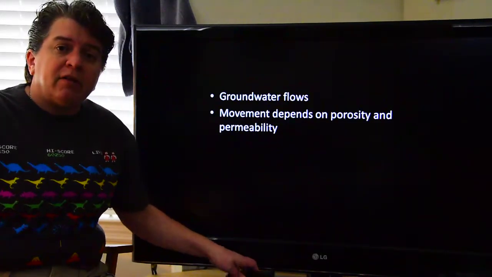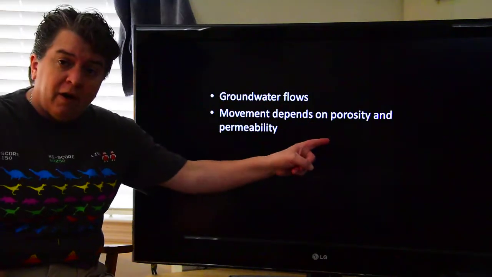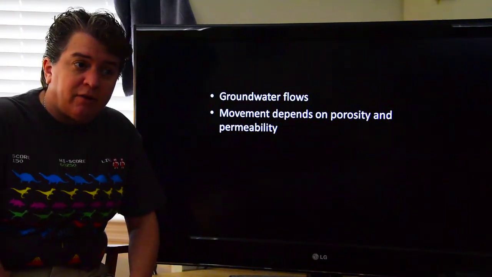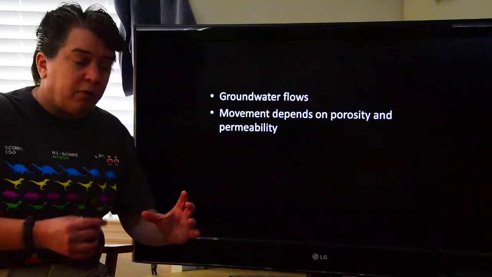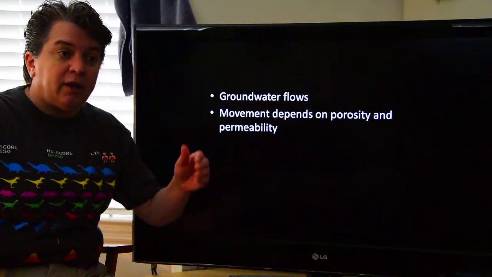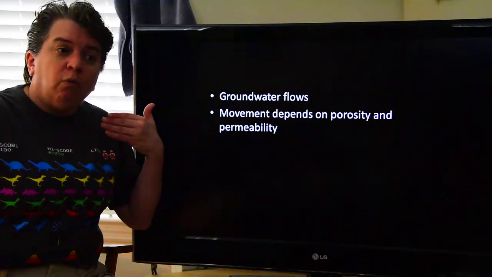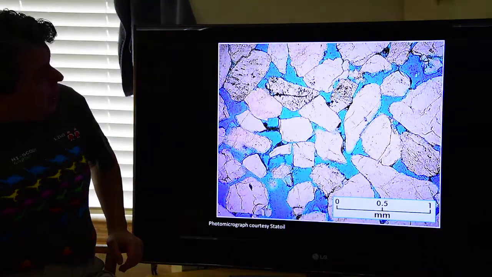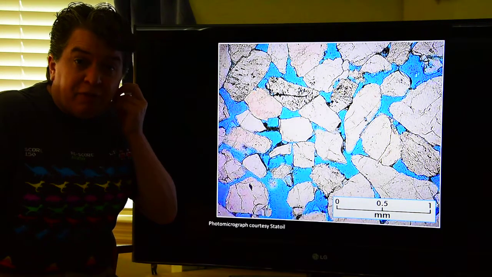And the movement depends on the characteristics of the rock. In fact, two very important characteristics: porosity and permeability. Porosity is the open space in the rock, and permeability is how those spaces are interconnected so water can flow through the rock.